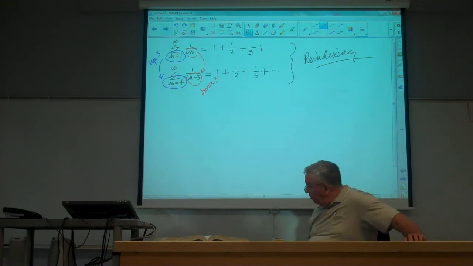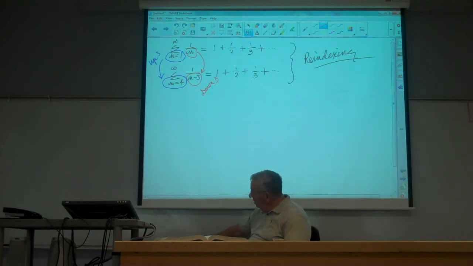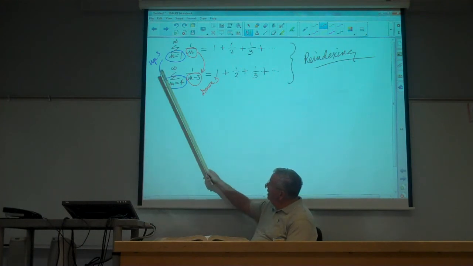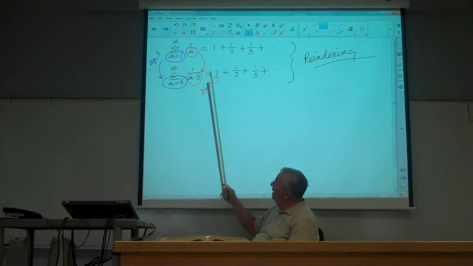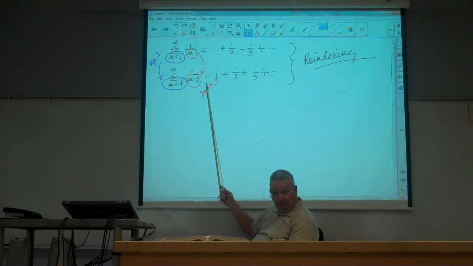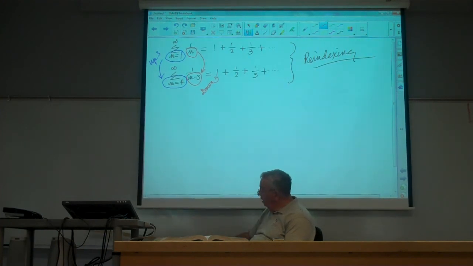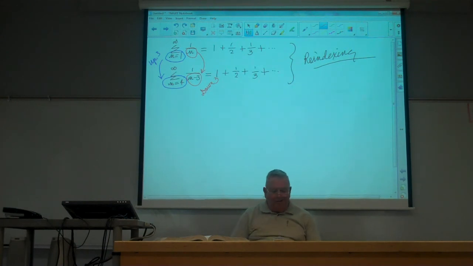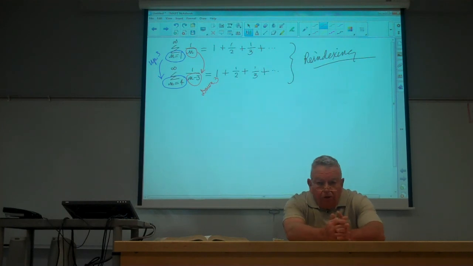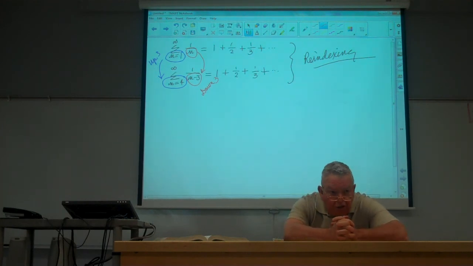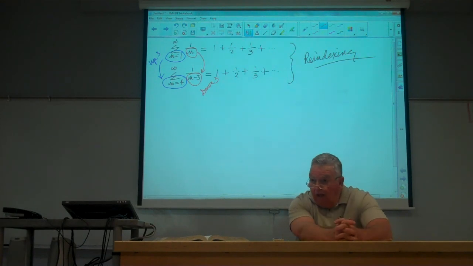I could just as easily have had down 3 right here. And if I did, I'd have had to have had up 3 right here. You follow? I don't know why textbooks don't put that in there. It makes it so easy. What you're doing is, aren't you just changing the starting point? That's really all you're doing. Questions?